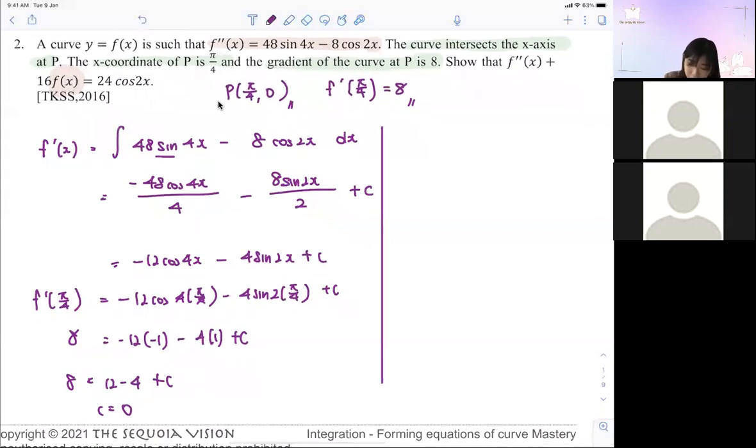So we try one more time. Now that I know that f prime x is just -12 cosine 4x minus 4 sine 2x, with C being 0, we can find f(x). Integrate one more time.